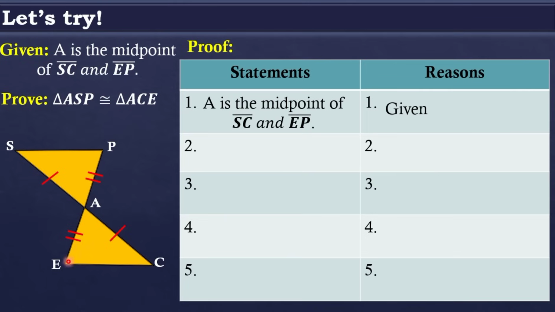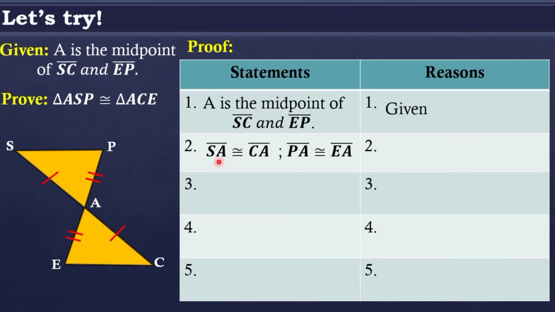Midpoint din siya ni EP, so hahatiin niya rin tong segment na to ng pantay, ng congruent. So, ayan na po ang ating figure. So, pwede mo yung gamitin as your statement number 2. Kasi based dun sa iyong statement number 1. So, we have SA is congruent to CA. And then, PA is congruent to EA.